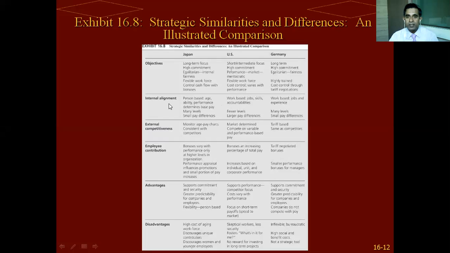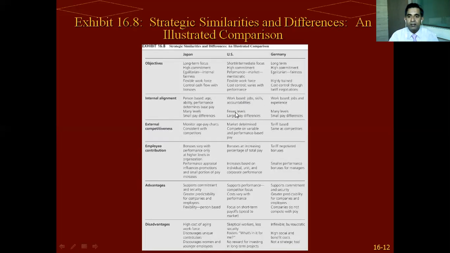When you compare the internal alignment of Japan with that of the United States, we are talking about employers. The internal alignment is work based, on jobs, skills, or responsibilities or accountabilities. Whereas in Japan, the internal structure is based on age, ability, performance.